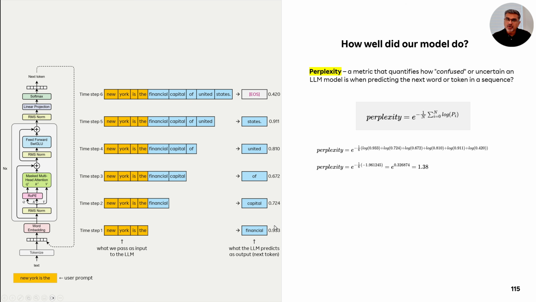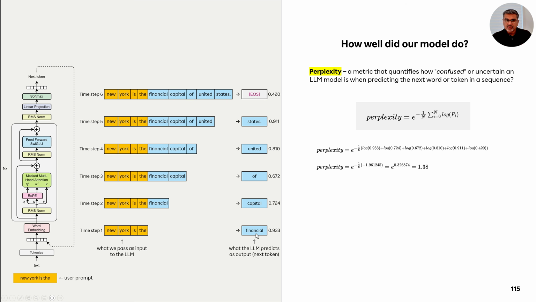Now, what does this 1.38 mean? Actually, what this means is that the large language model, at each step on average, could pick from between 1.38 tokens. So let's say we round it up. It could pick between 2 tokens. For example, in "New York is the", one token could be "financial". It picked it with a 93% probability. The other token probably could have been something like "most".